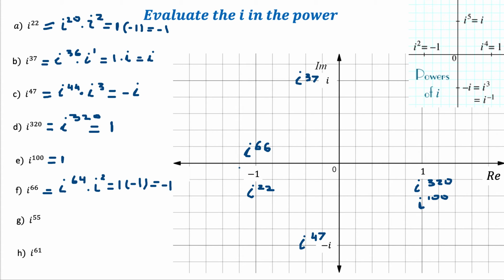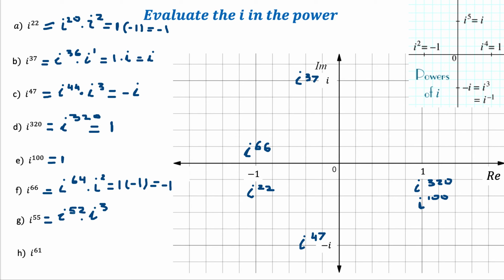And now we are looking for i to the 55. 55 is not divisible by 4, and 54 is not, 53 not, but 52 is divisible by 4. Because 52 is divisible by 4, I will write i to the exponent 52 times i to the exponent 3.